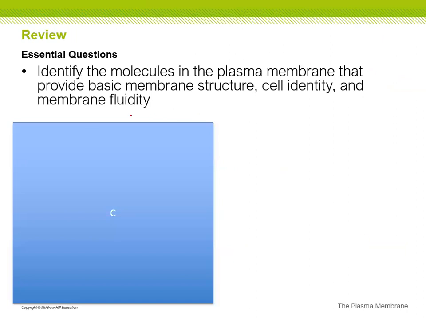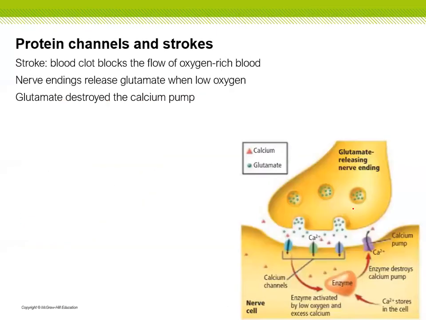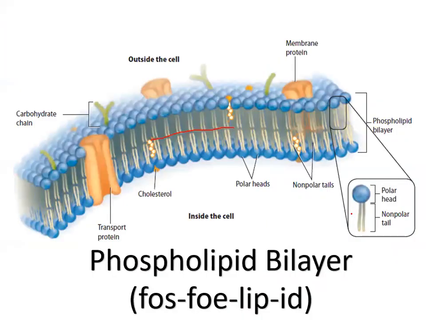So question 4. Identify the molecules in the plasma membrane that provide the membrane structure, cell identity, and membrane fluidity. So what are some of the things in it? What are some things that are in our plasma membrane? What do we all see in here? Cholesterol. We see cholesterol.